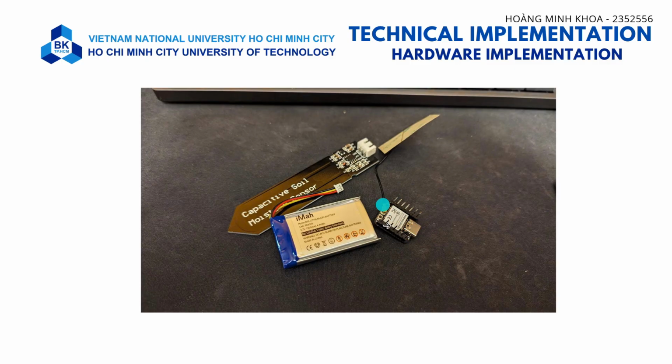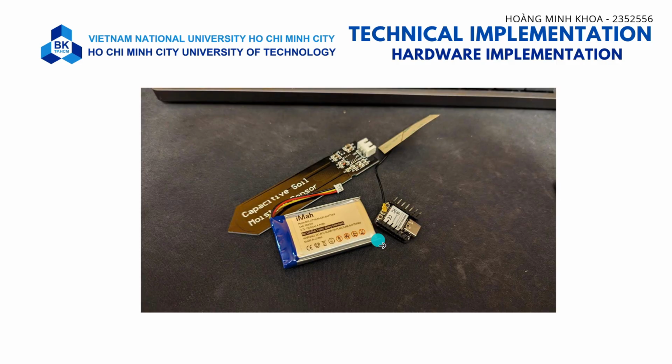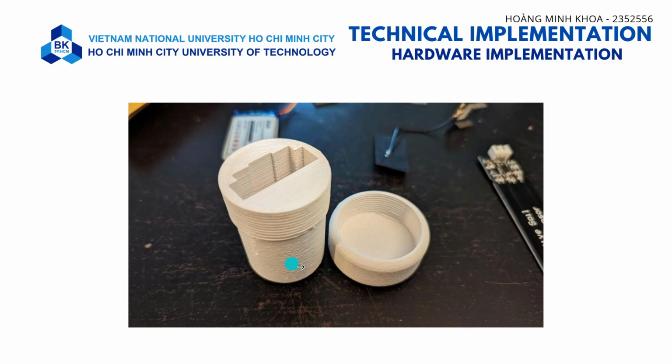This is a smaller version compared to the one that you have seen in the previous slide, and the capacitive soil moisture sensor. We 3D printed a plastic case to put the whole circuit in, to make it less prone to resistance and corrosion, so water cannot affect them.